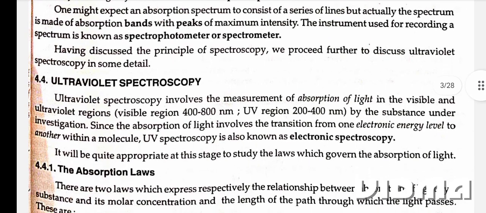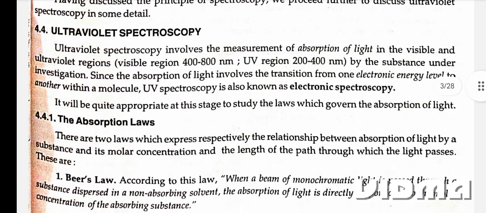One might expect an absorption spectrum to consist of a series of lines, but actually the spectrum is made of absorption bands with peaks of maximum intensity. The instrument used for recording a spectrum is known as a spectrophotometer or spectrometer. Having discussed the principle of spectroscopy, we proceed further to discuss ultraviolet spectroscopy in some detail.